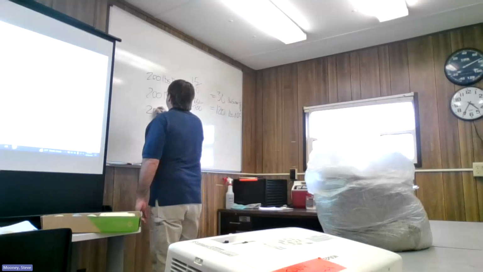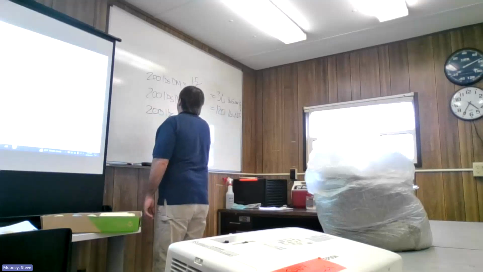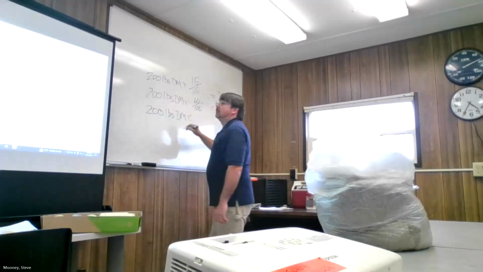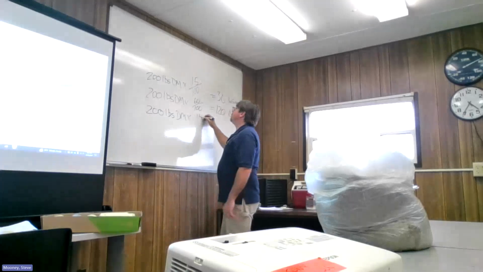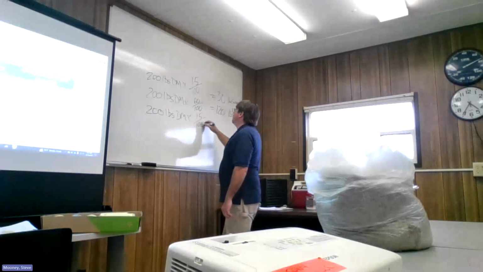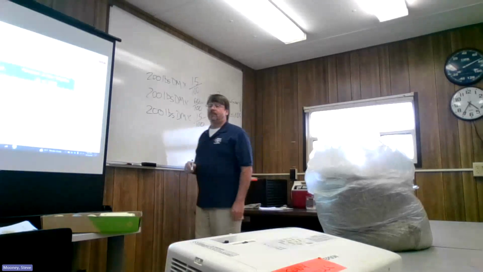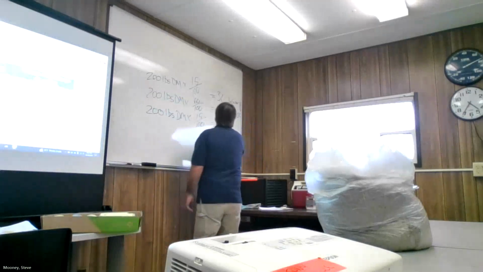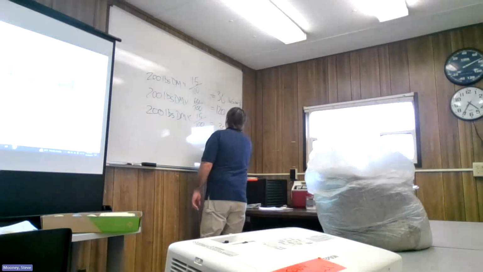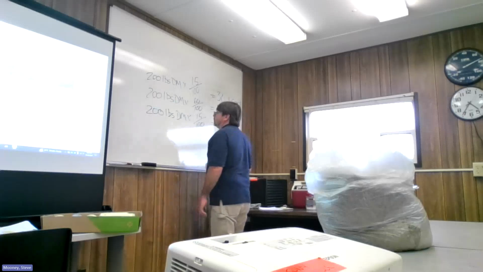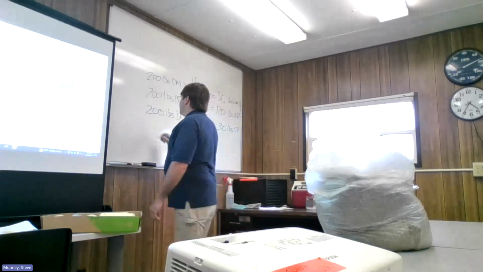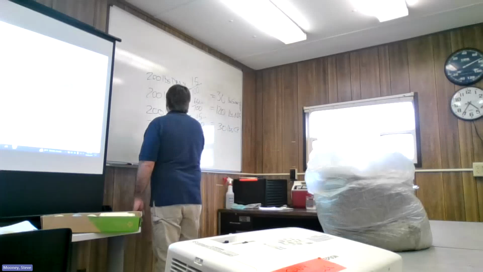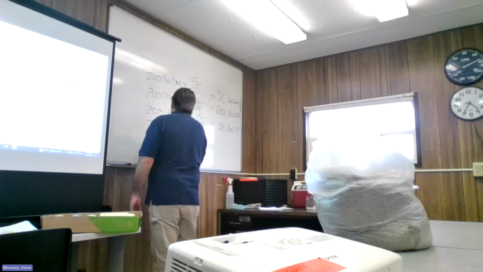Crude protein, 200 pounds of dry matter times 15 over 100 is going to give us what? 30 again, right? 30 pounds of crude protein. And we continue on with the other two nutrients, 200 pounds of dry matter.